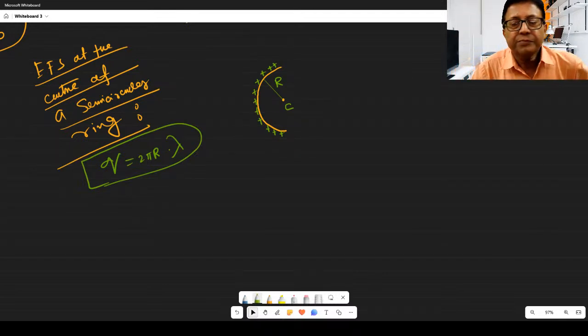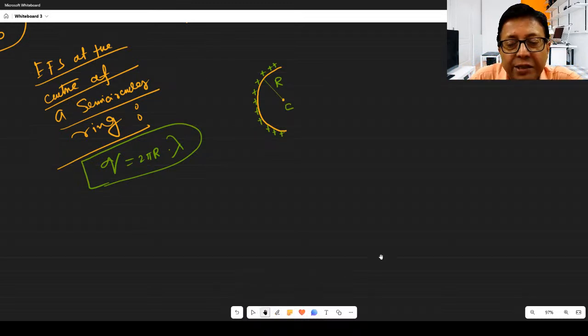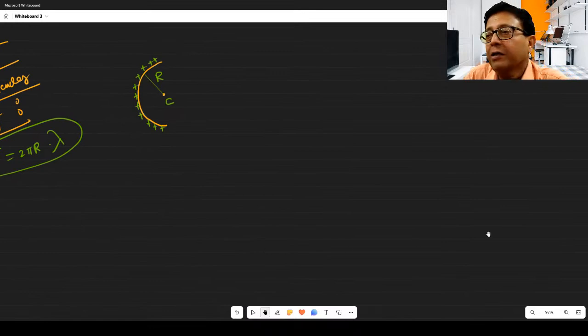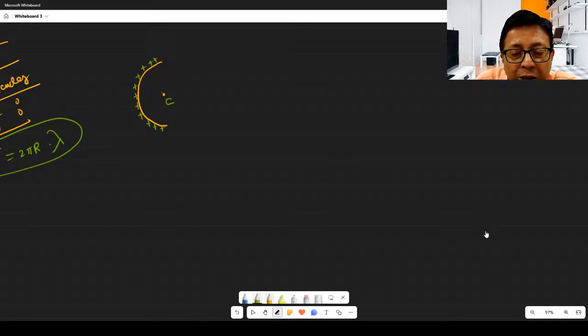Okay. So imagine that this is divided into infinite number of parts. This ring is divided into infinite number of parts. The elemental part for this be somewhere like this.